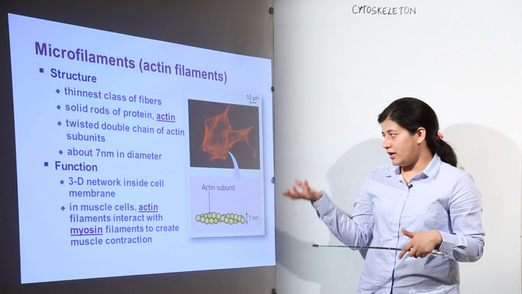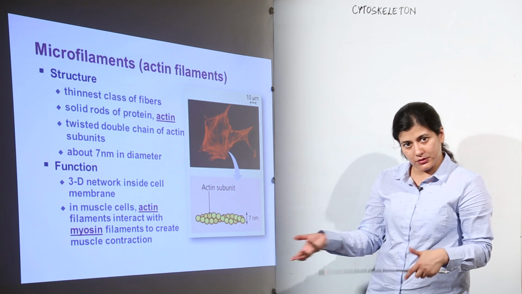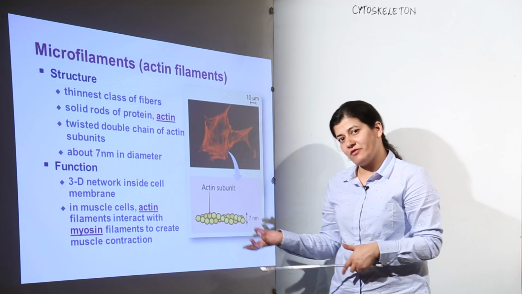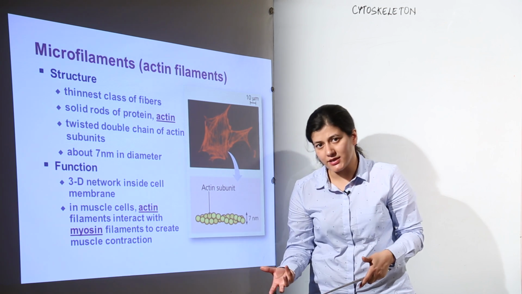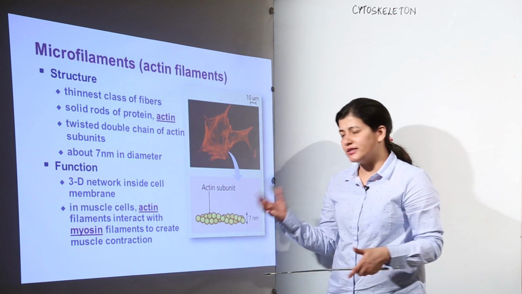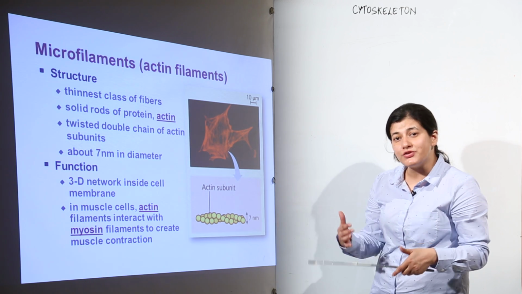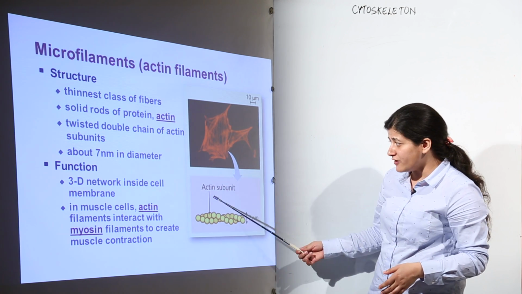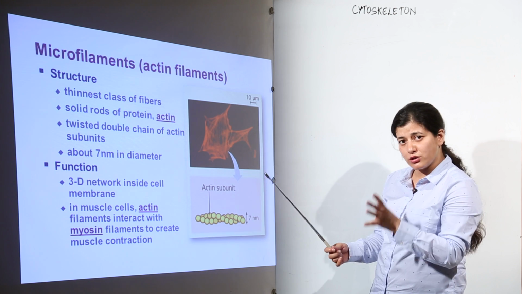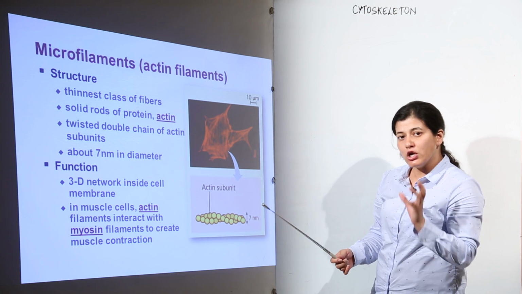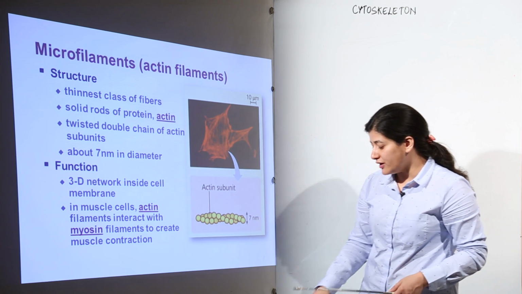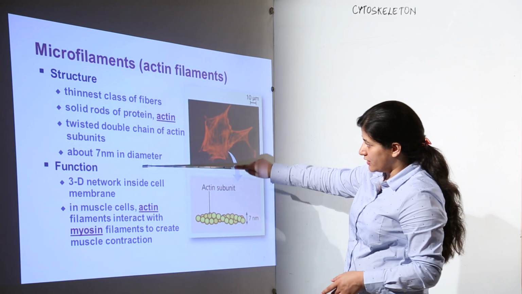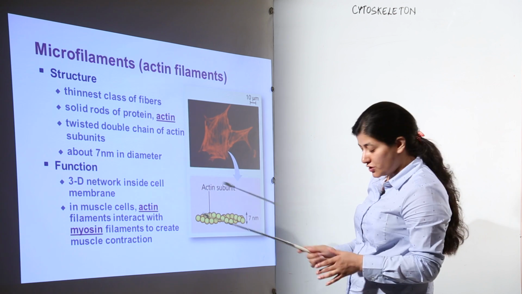If you have already seen what muscle contraction is about, you will easily understand. If you don't know, you need to see that video and you will be quite clear how actin and myosin interact. So the actin filaments, that are microfilaments, interact with those of myosin and bring about the contraction. That is one important function that these microfilaments perform. These specifications are quite important to learn.